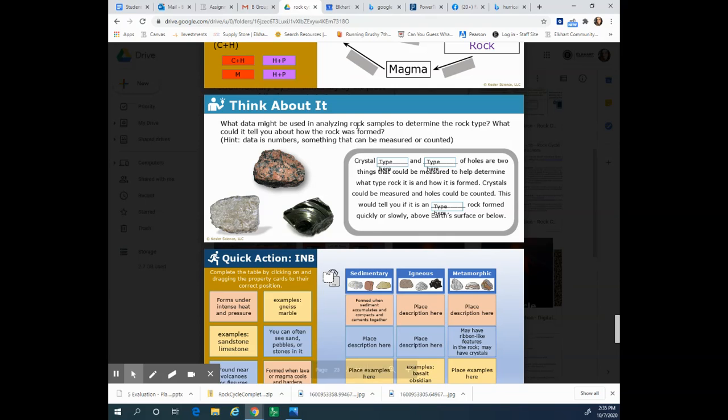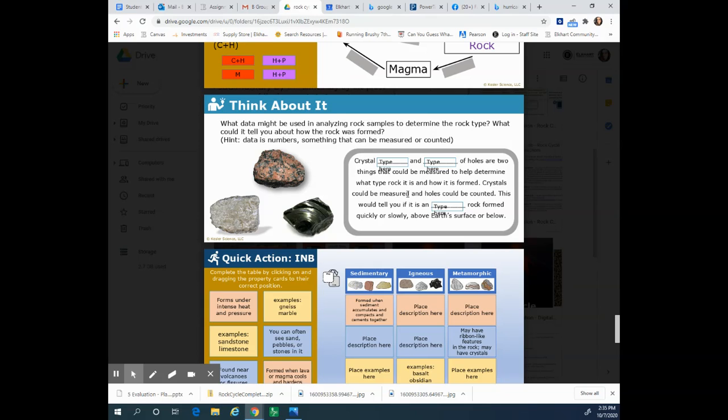What data might be used in analyzing rock samples to determine the rock type? What could it tell you about when the rock was formed? So, the data is numbers, something that can be measured. Crystals and holes are two things that could be measured to help determine the type of rock it is and how it is formed.